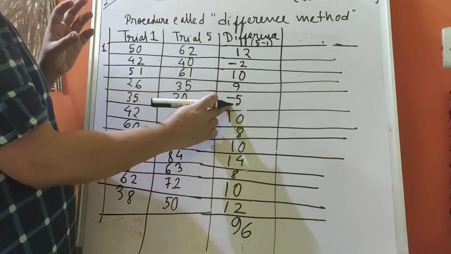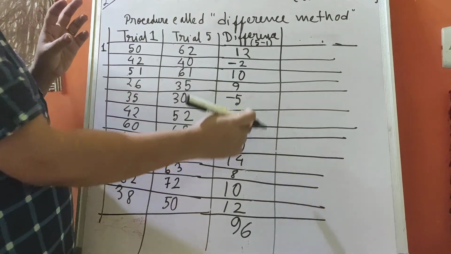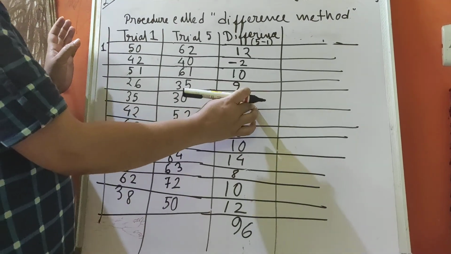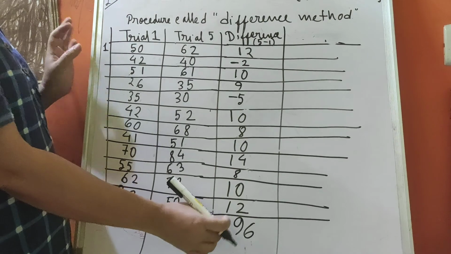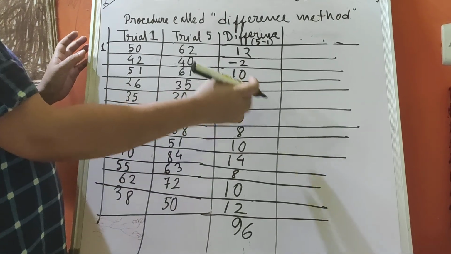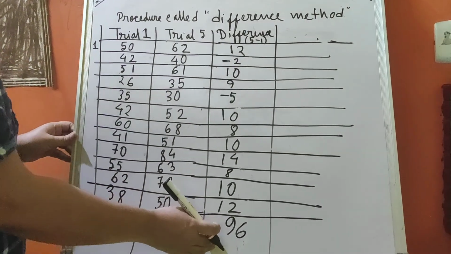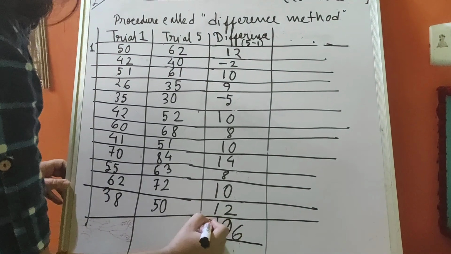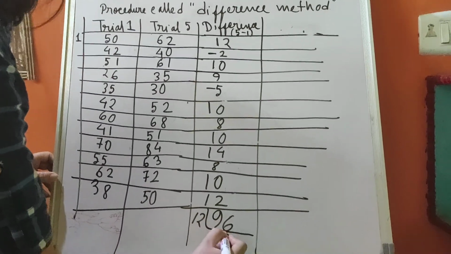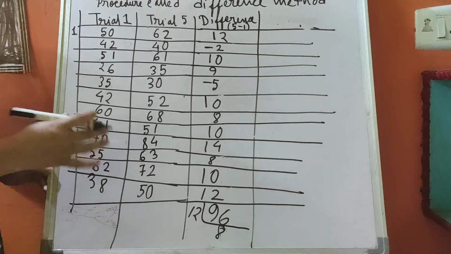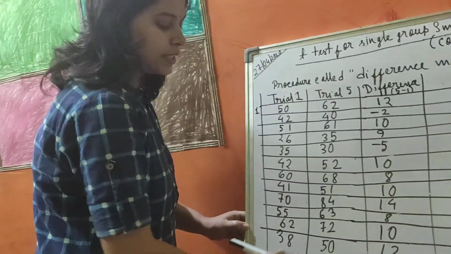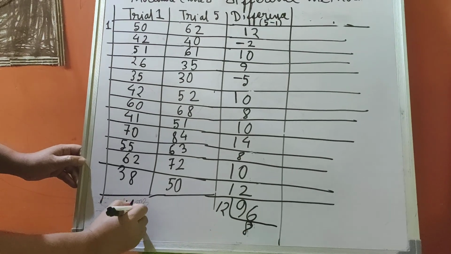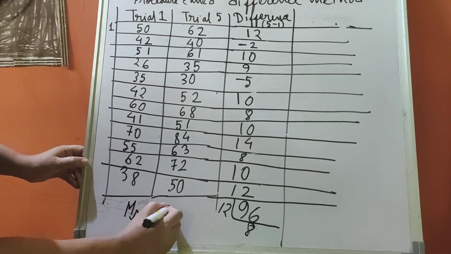We have only 2 negative values, minus 2 and minus 5, that means minus 7, and subtracting from the total of positive values gives 96. Now this 96 will be divided by n, which is 12. So it is 8. For this group we take a single mean value, which we call the mean difference, and it is 8.